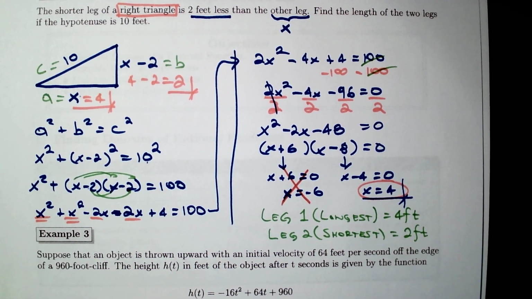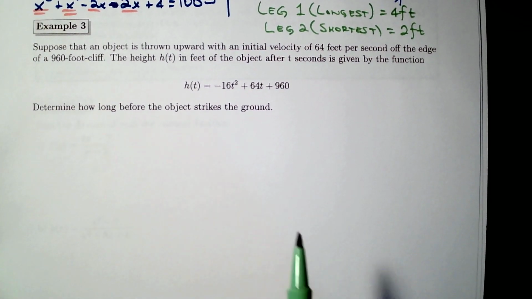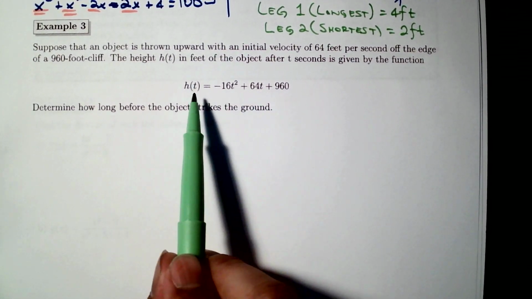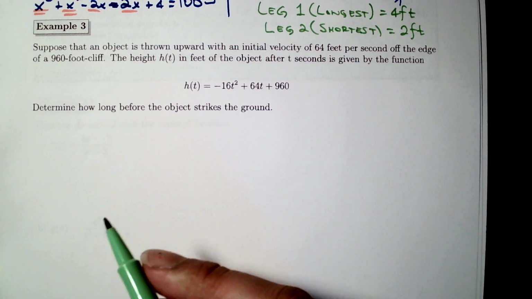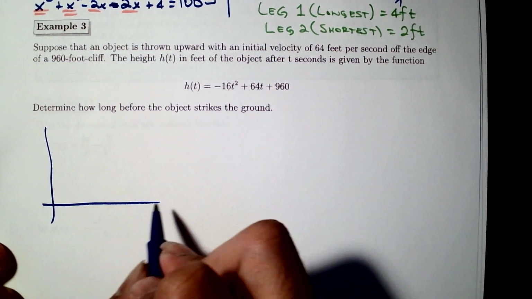And then we have another very classical problem in algebra in which they give us the function that describes the trajectory of a projectile, so something that's going to look roughly like this.